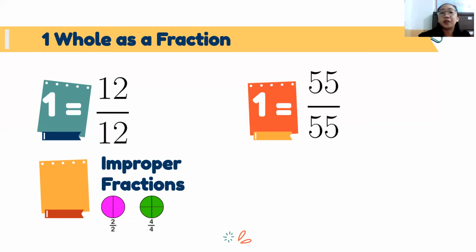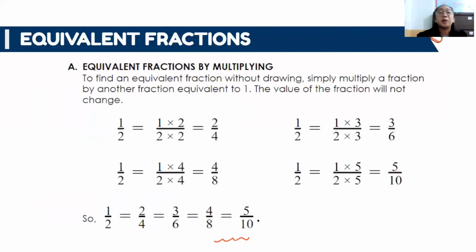Now, that's important to know because when we find equivalent fractions, we can multiply by another fraction equivalent to 1. And if we multiply by 1, we'll get the same number. If you remember the properties of multiplication, 12 times 1 is the same number, 12. 55 times 1 is still 55.